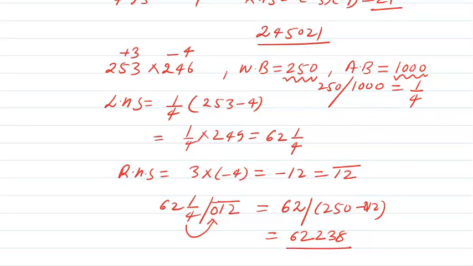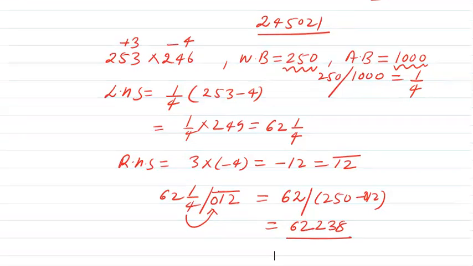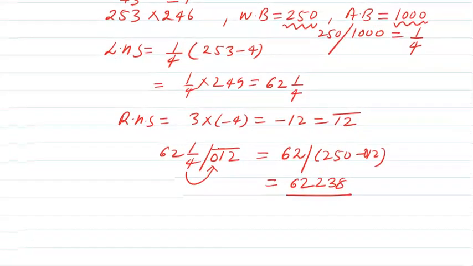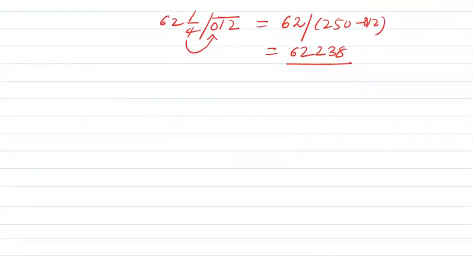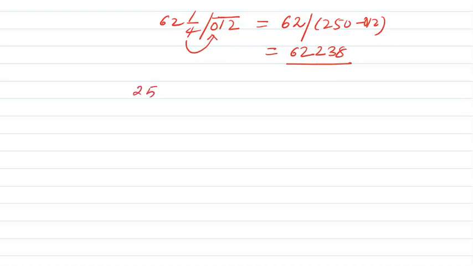Let us try solving the same example with the help of taking 100 as the actual base, and see what is the challenge, or what are the benefits of doing that. So I'm taking 253 into 246, right? And the working base certainly should be equal to 250, and suppose I take the actual base is equal to 100.